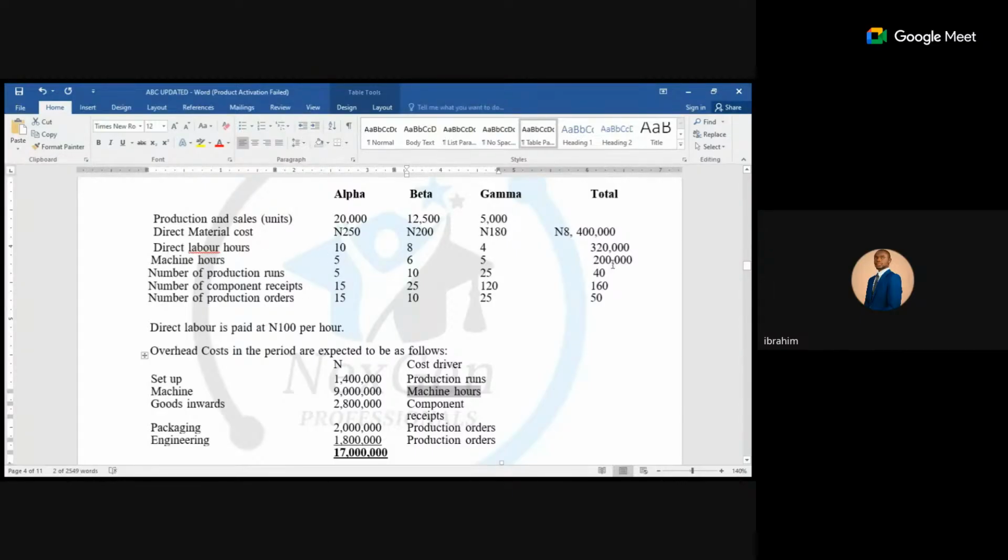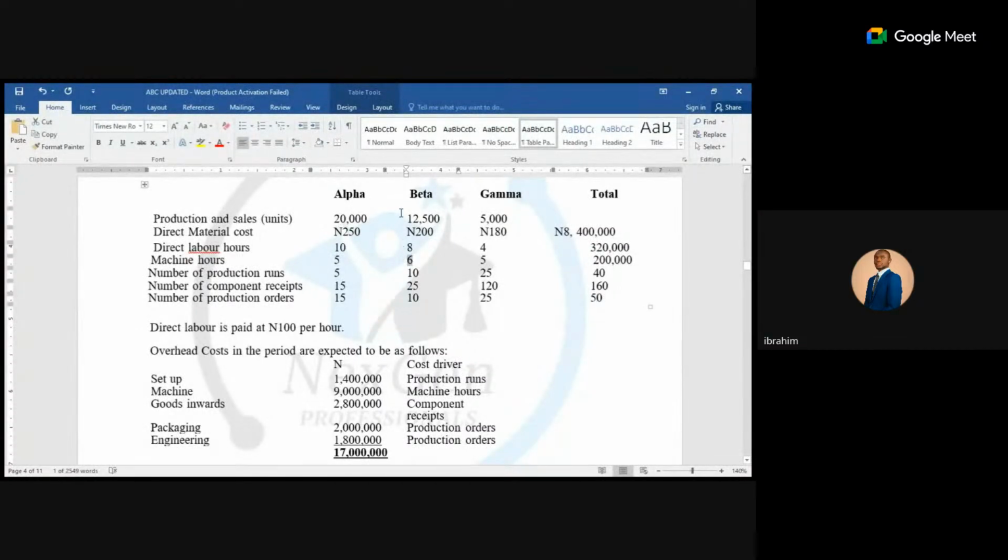Machine hours total is given to us. What is the machine hours here? 200,000 hours, not per hour. If it were per hour, it would not be like this. What you have here is 5 hours per unit, and this is 6 hours per unit.